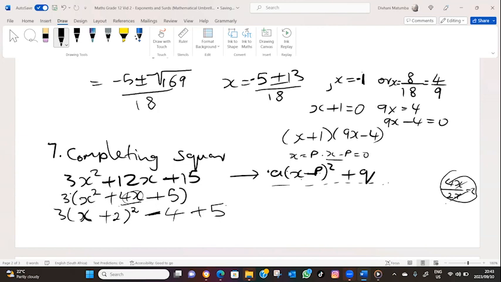So now this is in brackets. Okay, so we're going to have 3 into x plus 2 to the power of 2 plus 1.